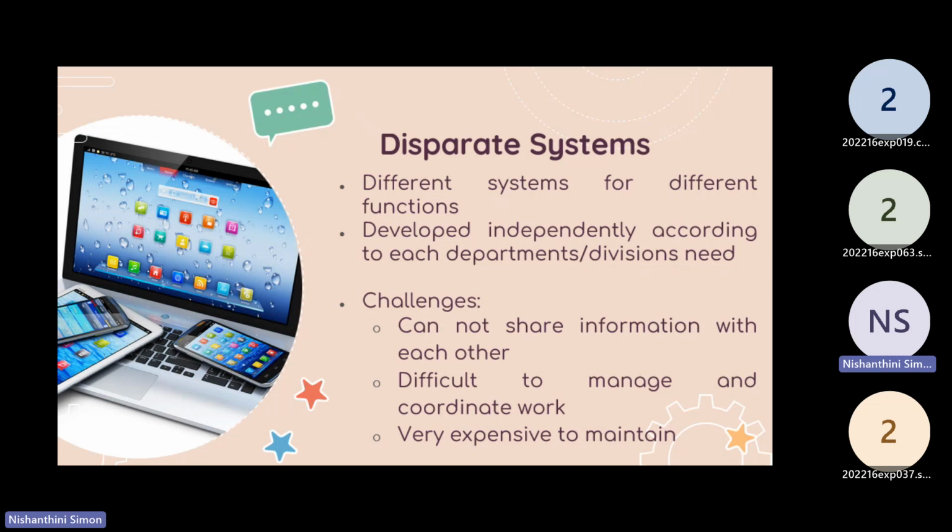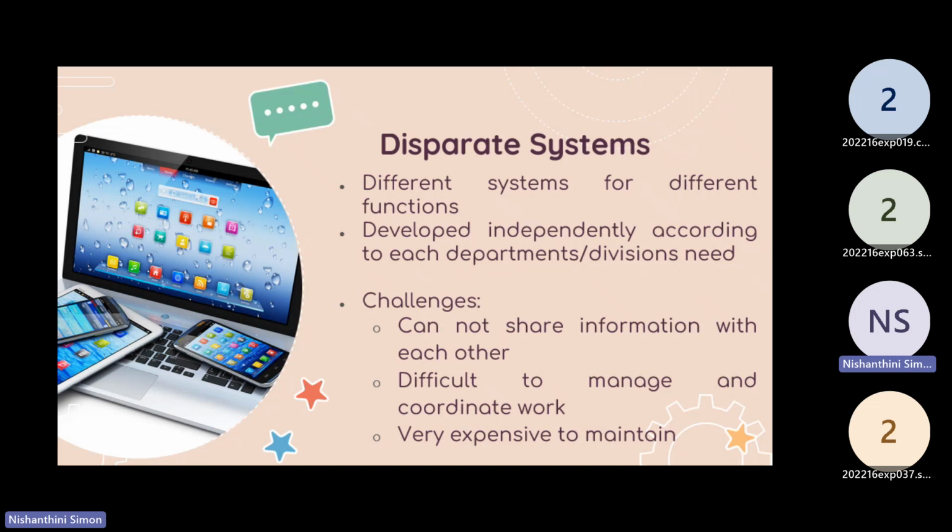That is the issue we have with disparate systems. Each and everyone is going to have their own systems, so they have to maintain them separately, update and look into them separately. So overall the expense could also go up because we have different systems inside the organization, each only for one division or department.